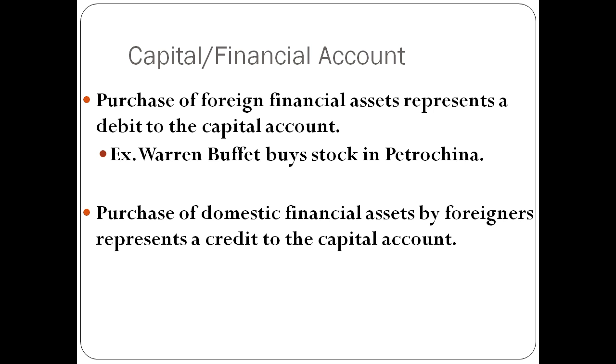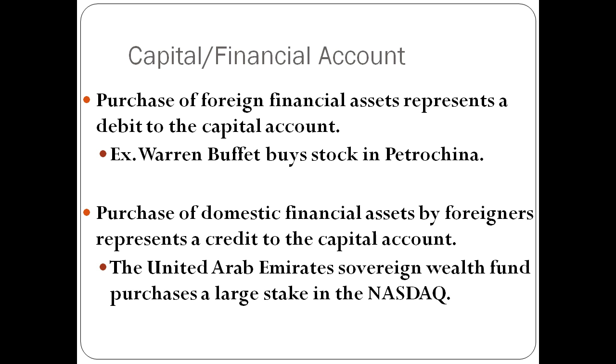If you have the purchase of domestic financial assets by foreigners, that represents a credit to the capital account because it's an inflow of financial assets. So if the United Arab Emirates, their sovereign wealth fund, purchased a large stake in the NASDAQ, okay, that is going to be a credit to the capital account because there is a large inflow of financial assets.